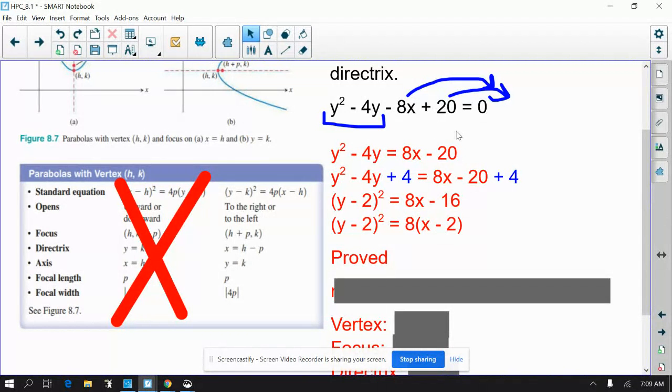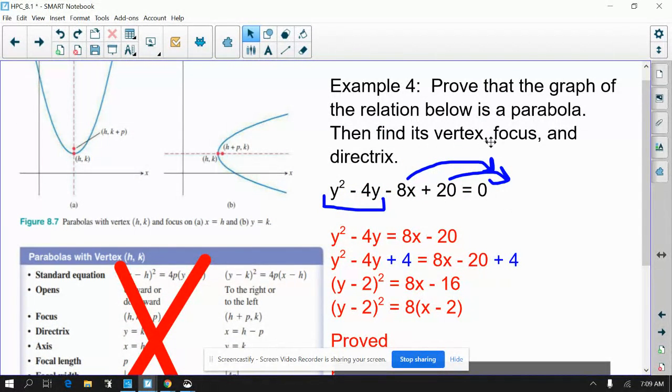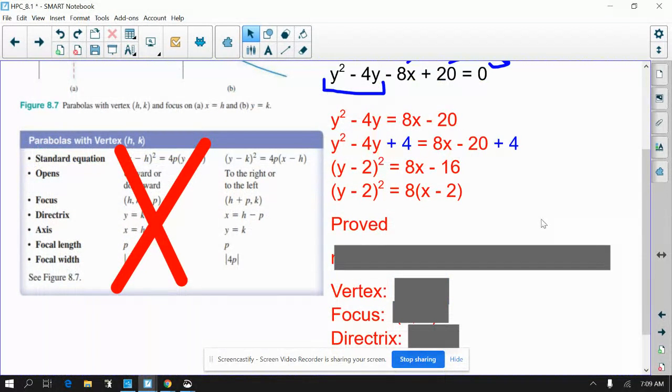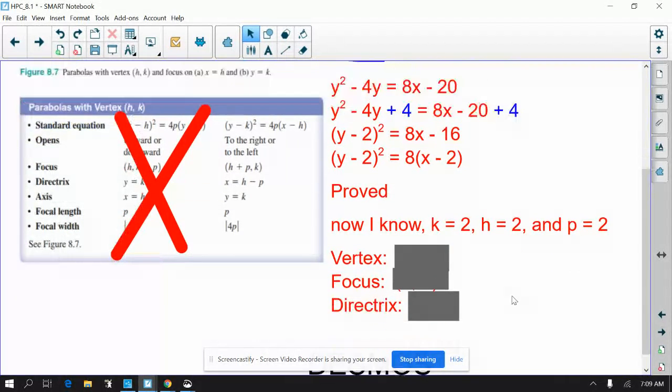This is the proof. And what else did it want us to do? Find the vertex, find the focus, find the directrix. Okay, well, the vertex is (h, k). And again, pulling from here, I know h is 2, k is 2, and 4 times p equals 8. So p is also 2. So 2, 2, 2. The vertex is (2, 2).